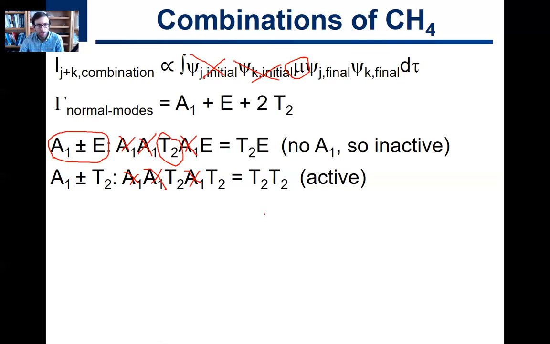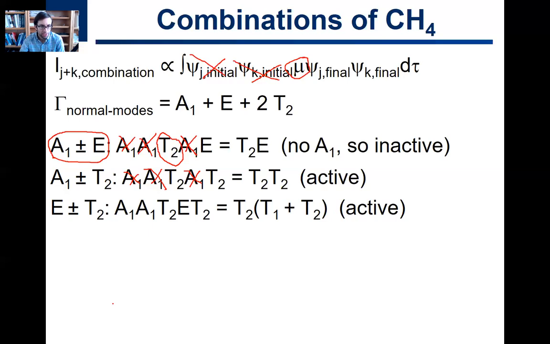I could calculate it if I want to, but that's just a waste of time, because I know T2 times itself always contains the A1. And if we contain an A1, then by our integral rules and all that we've learned about odd and even integrals, this integral is going to be non-zero. So these are going to be IR active. All 4 of them: A1 plus the first T2 energy, A1 minus the first T2 energy, A1 plus the second T2 energy, and A1 minus the second T2 energy.